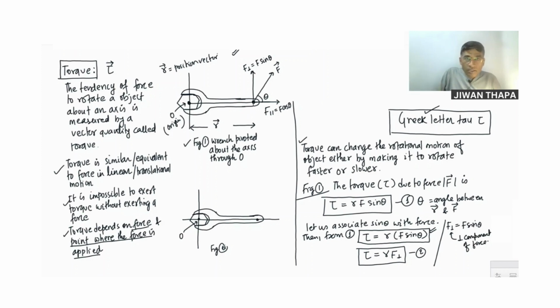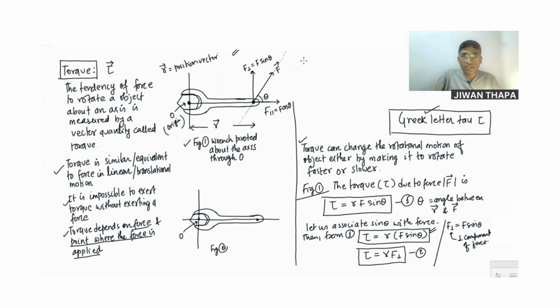Now I'm drawing or producing force F in backward direction. I can produce force in forward direction also. So this is a line.